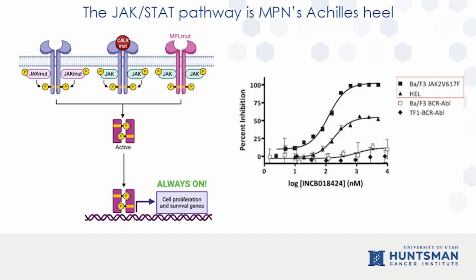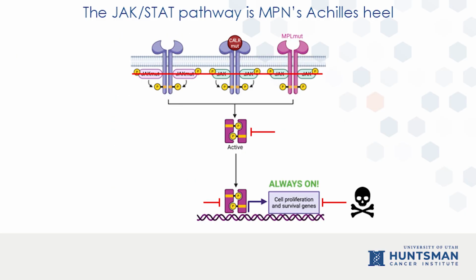Whereas the BCR-ABL cells, which don't have a JAK2 V617F mutation and don't have the same Achilles heel of JAK-STAT signaling, are not dying. Basically, if you don't have JAK activation, you don't have STAT activation, you don't have STAT sitting on the DNA telling the cell to grow, and so they die.